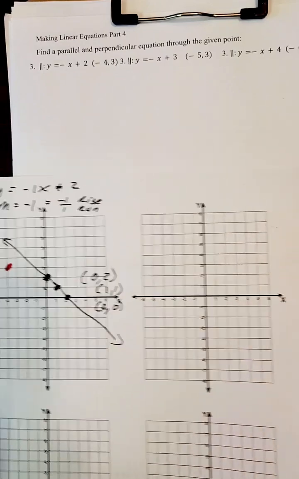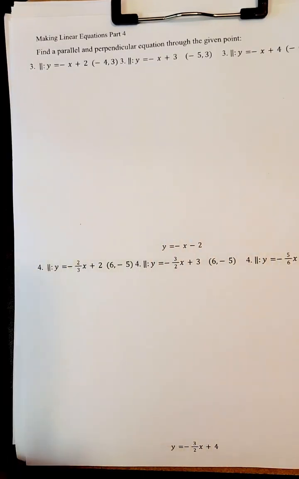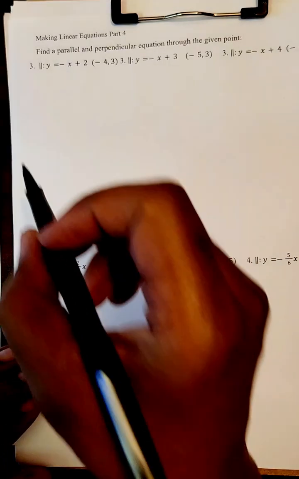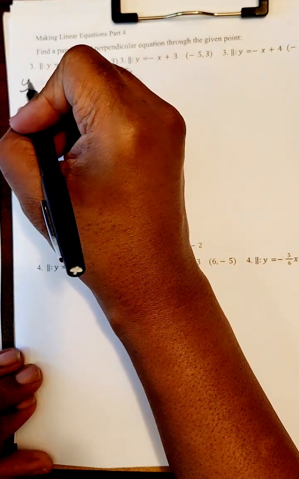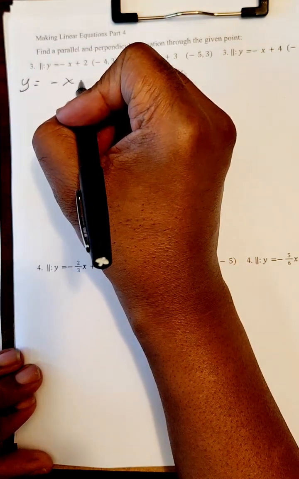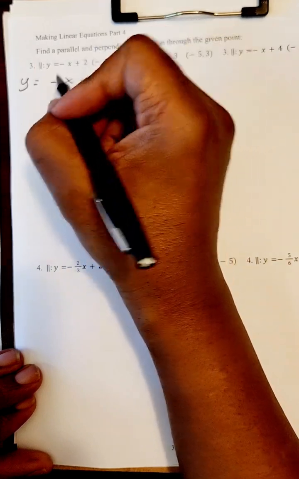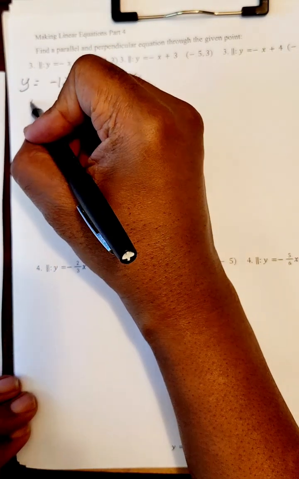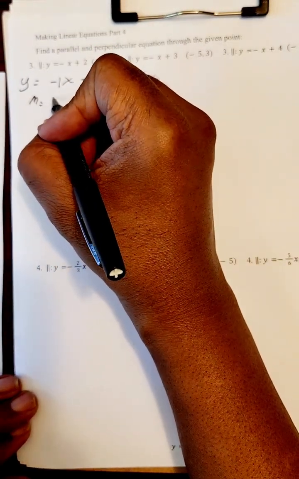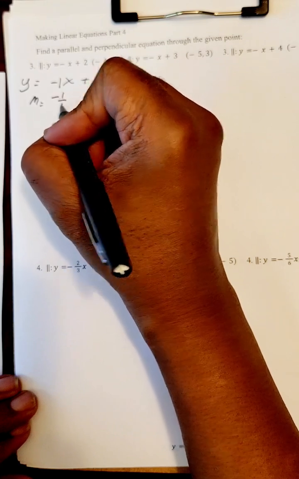All right, so to make lines, we need the point slope formula. So we need a point and a slope. So let's find the slope first. We have y equals negative x plus 2, which we said is the same thing as negative 1x plus 2. So the current slope is going to be equal to negative 1 over 1.